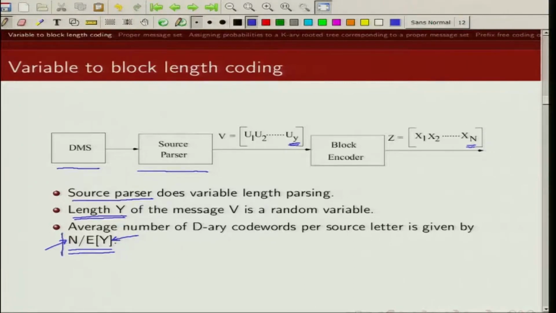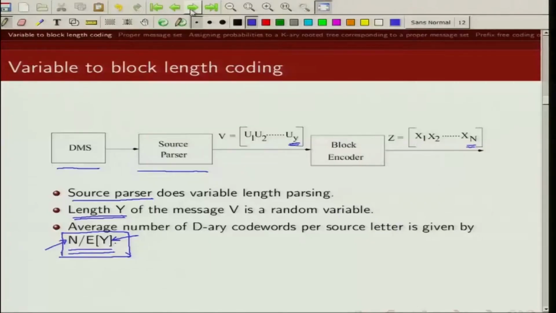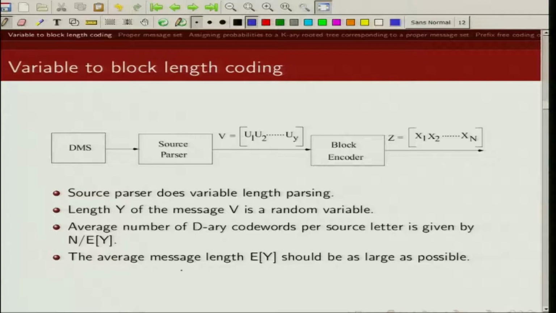So a measure of goodness of this compression is this ratio n by expected value of Y. Clearly, if you want good compression, we would like expected value of Y to be as large as possible for a given n. So our objective in designing this variable to block length code is to parse the source in such a way that expected value of Y is maximized.